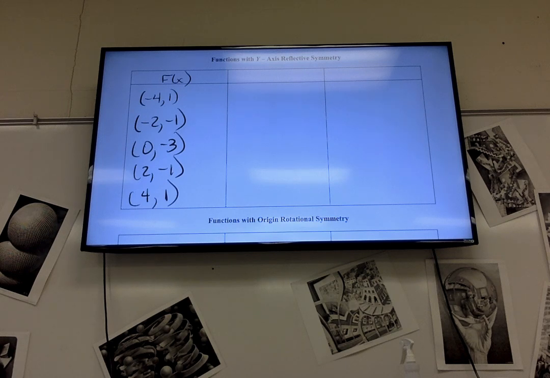Okay, what was another reflective one? What was another one, Jenna? P of x, okay? And the other reflective was Q of x. So write down those points from left to right. Just the points that are dotted on this picture for you.